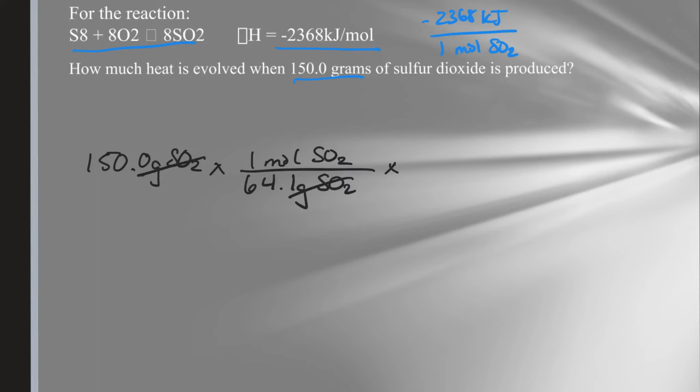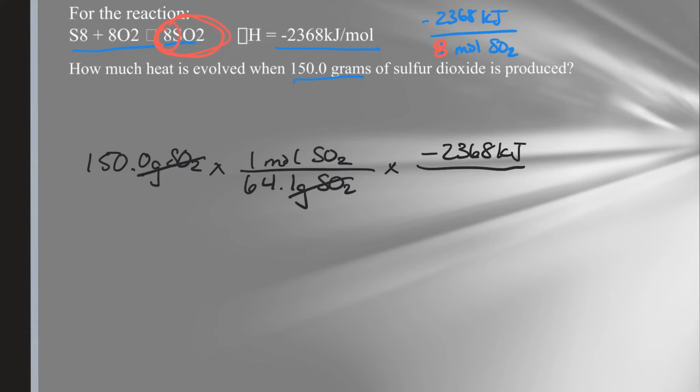oh, I just realized I said something wrong, but I'll fix it now. When you look at the energy here, you have negative 2,368 kilojoules. That's how much energy is created, but how many moles created this? I apologize, I said 1 mole here, but when you look at the chemical equation, it's when you create 8 moles.